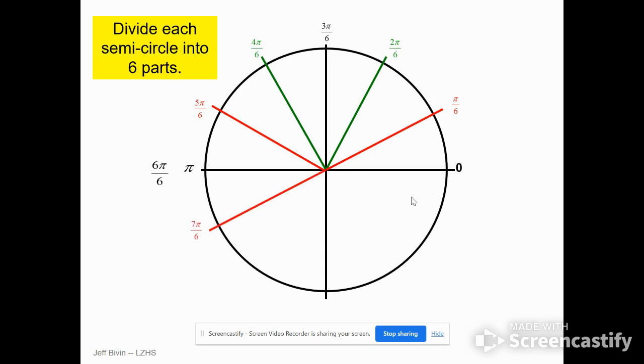Then we have 7 pi over 6, 8 pi over 6, 9 pi over 6, 10 pi over 6, 11 pi over 6. Now, if you look at all the ones that are in green or in black, those all can be reduced. But we can use the 6th rule to count them out and then reduce them after.